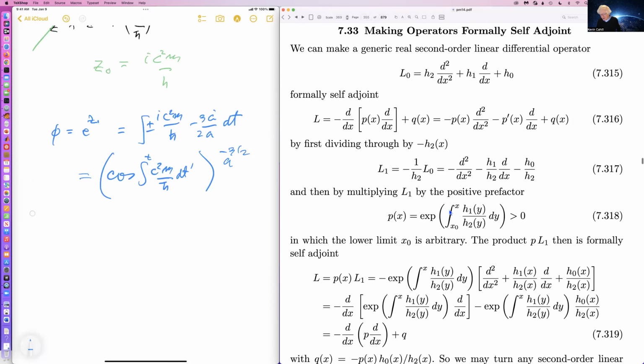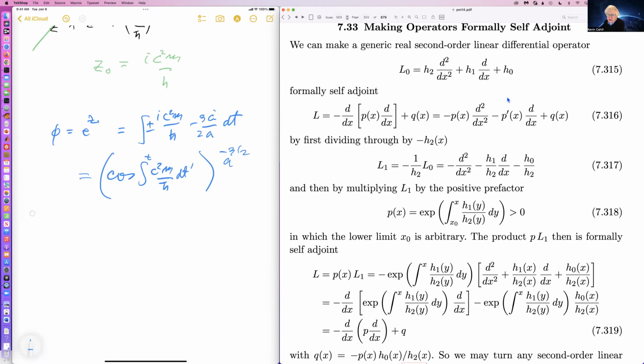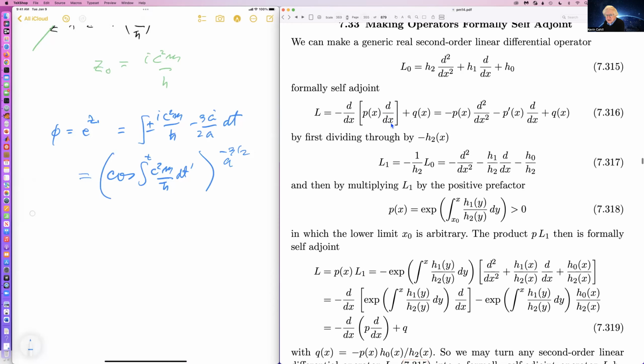Now, here's one of the important things, namely that you can take any generic second order real linear differential operator and make it formally self-adjoint. The formally self-adjoint form would be this, or if you multiply out the d by dx on P d by dx, what you have is this expression here.